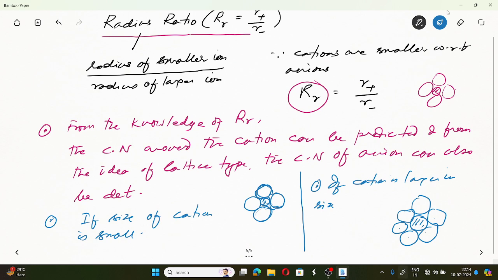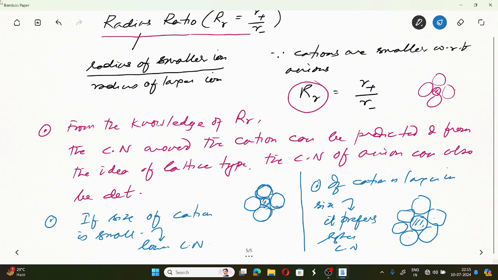So it should be able to accommodate maybe 6 anions. That means if the cation is larger in size, it prefers higher coordination number, and if the cation is smaller in size, it prefers lower coordination number.